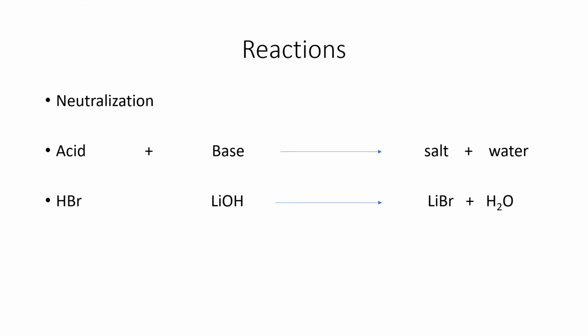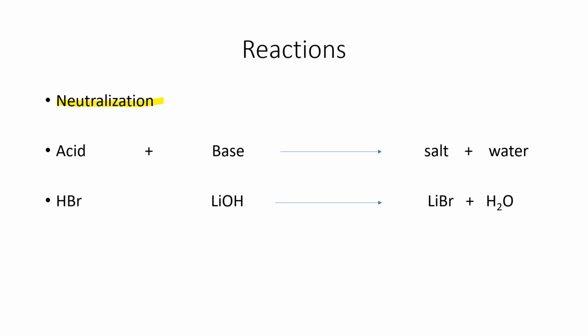So the last thing we want to look at for acids and bases are some common reactions that happen with acids and bases, and understanding in these reactions what things are going to react and what is going to be produced as a result of that reaction. So the first reaction we want to talk about is called a neutralization reaction.